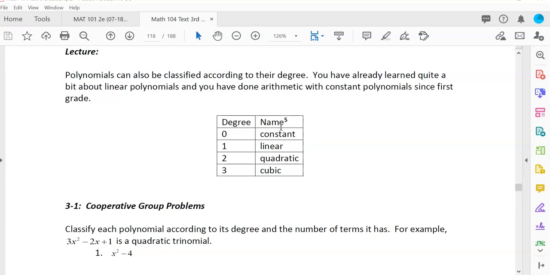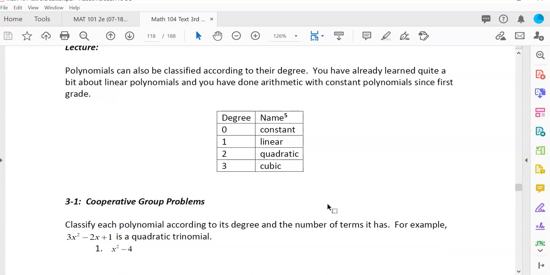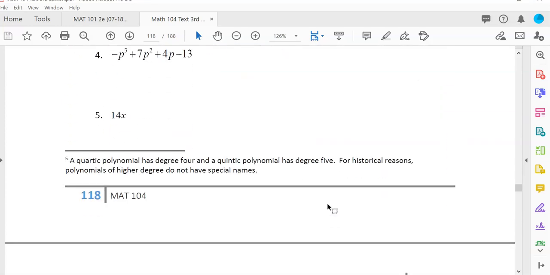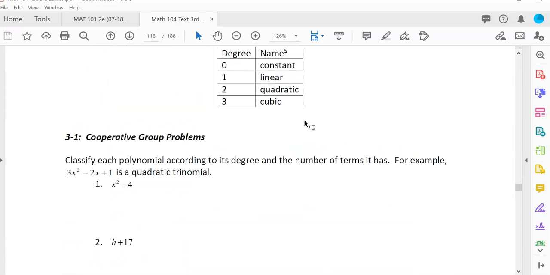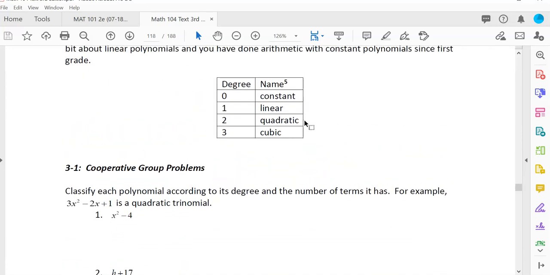If you look at this little note at the bottom of this page, it says there are quartic polynomials, which are degree 4s, and quintic, which are degree 5s. But we're going to focus just on these: constant, linear, quadratic, cubic, and then we'll say other if it's above cubic.